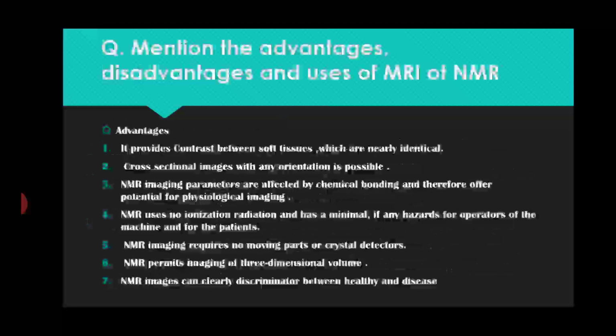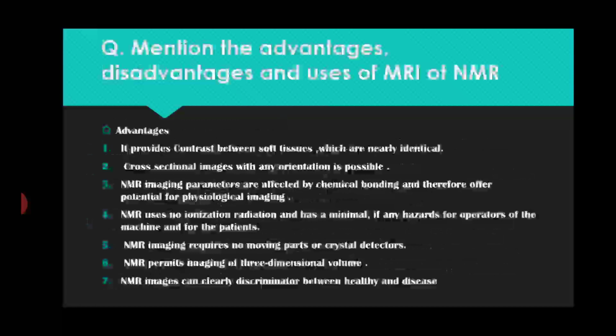Now we will see the advantages, disadvantages, and uses of MRI or NMR. First, advantages. It provides a contrast between soft tissues which are mainly identical. Second, cross-sectional images with any orientation are possible. NMR imaging parameters are affected by chemical bonding and therefore offer potential for physiological imaging.